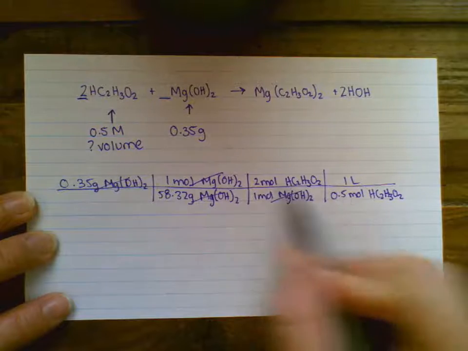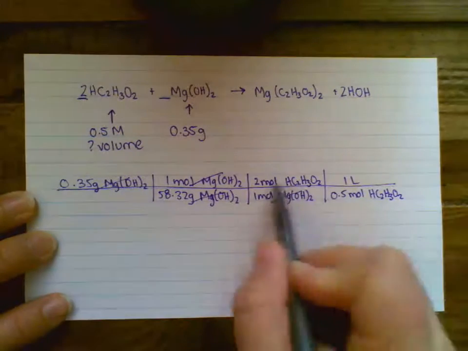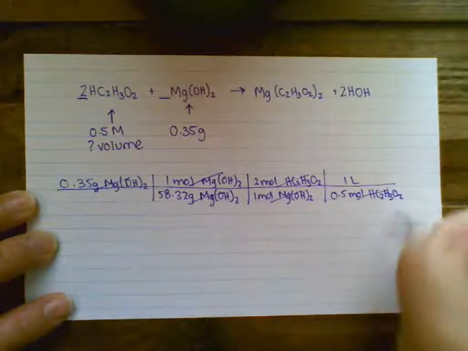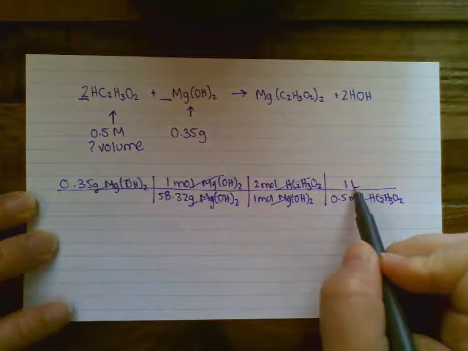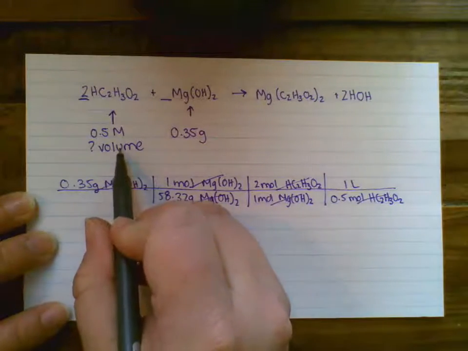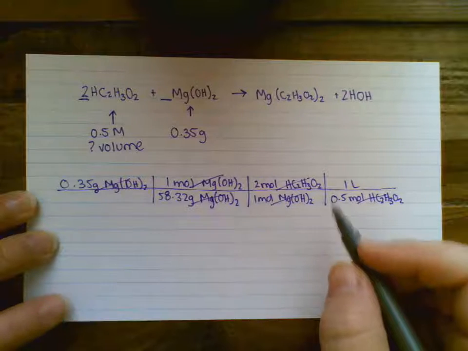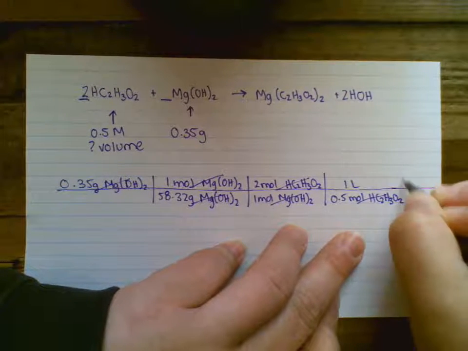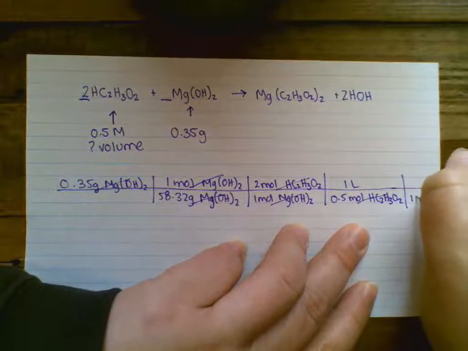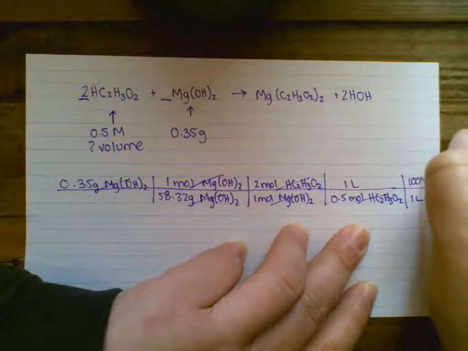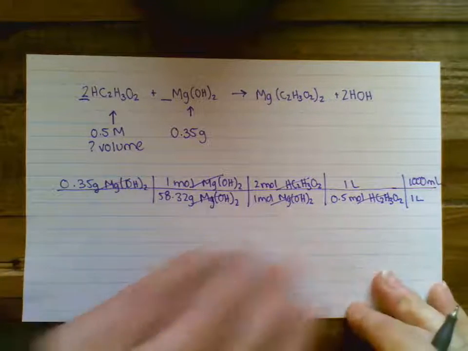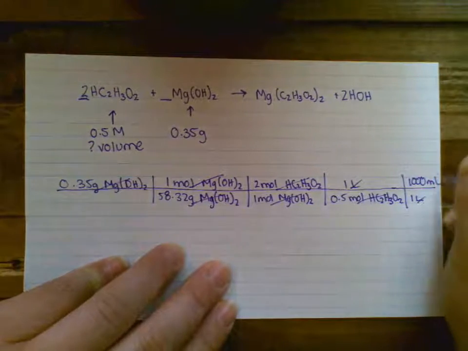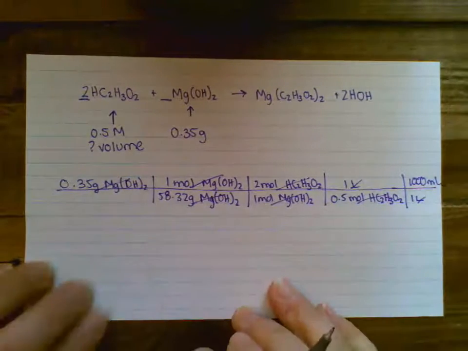I put the moles on the bottom so that I can cancel moles of acetic acid here, moles and moles. So I'm left with liters, which is technically a volume. The question, though, asked me to put it into milliliters, so I'm going to have to go one more step. It's a super easy step. All I need to do is that 1 liter holds 1,000 milliliters. So now I can cancel out liters. I'm left with my answer in milliliters.